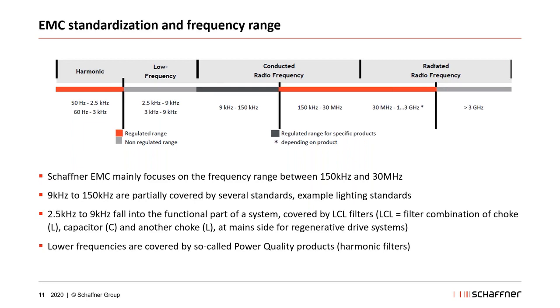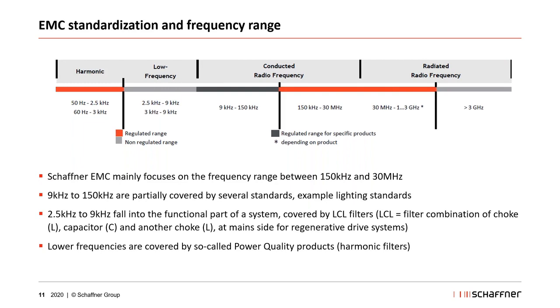Then even lower, 2.5 kilohertz to 9 kilohertz. This is what Schaffner internally calls the medium frequency range, where we supply LCL filters as a functional part of the system. LCL filters are a combination of one choke, then a capacitor and another choke, which are in front of a regenerative drive system.